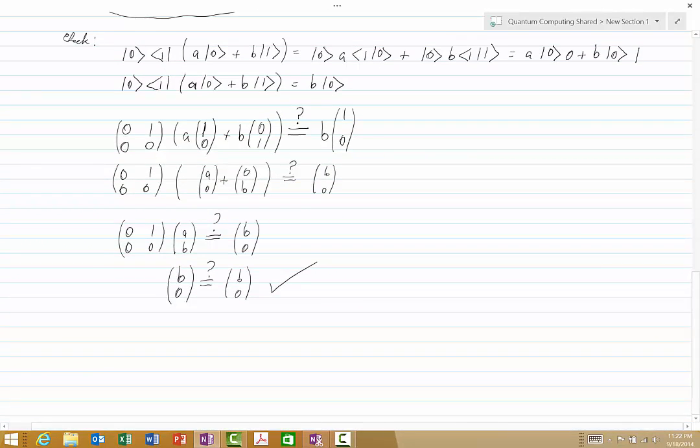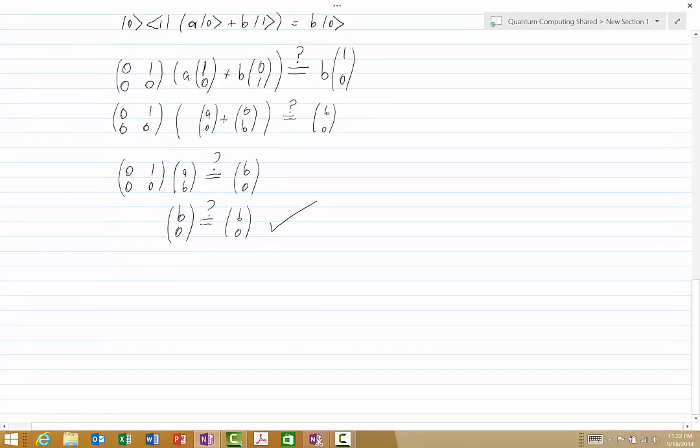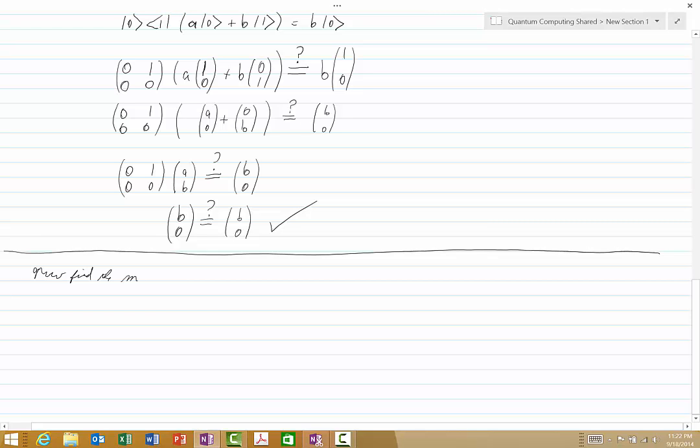So now I very strongly urge you, so now find the matrix for 0, 0.